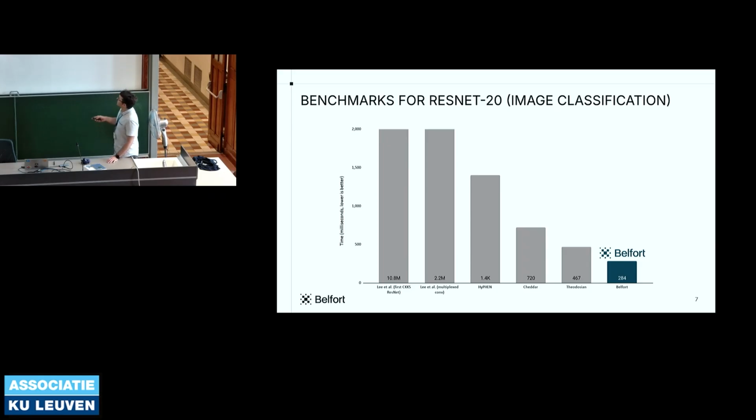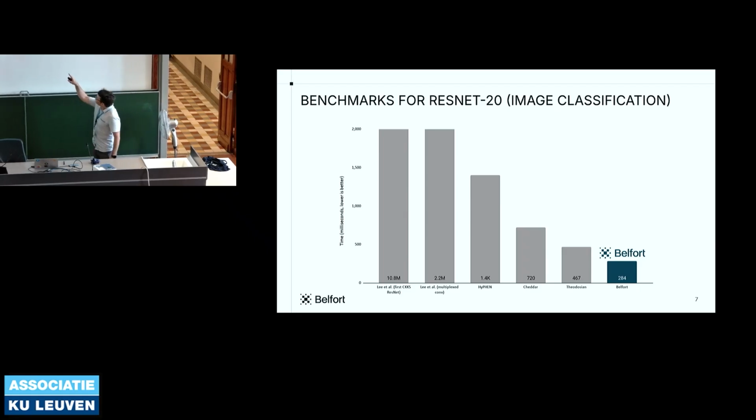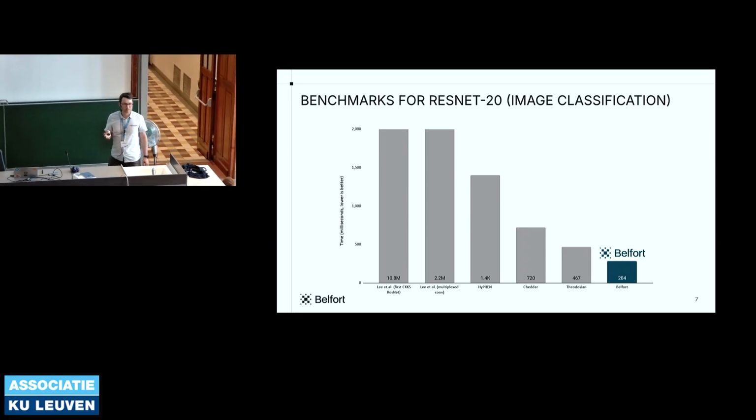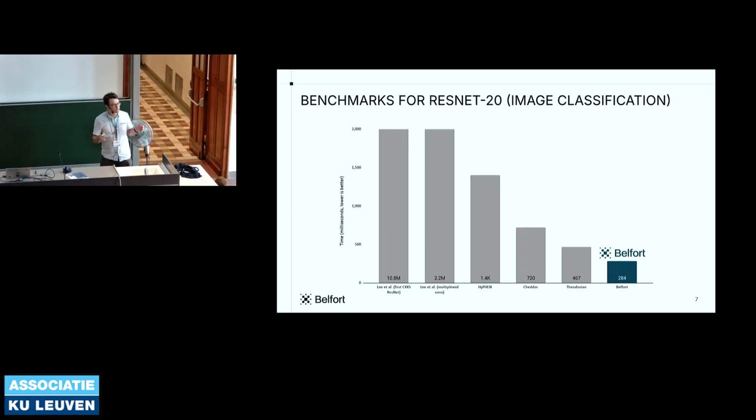You can see the time is in milliseconds, and the first ResNet implementation in CKKS was 10.8 million milliseconds. If you don't like to do the math in your head, the 2.2 million milliseconds is roughly 35 minutes. And what am I measuring here?